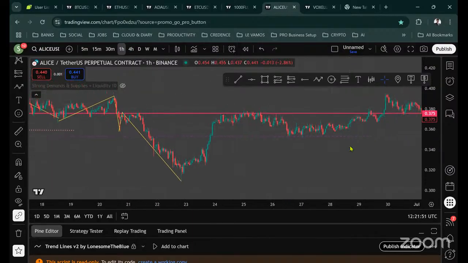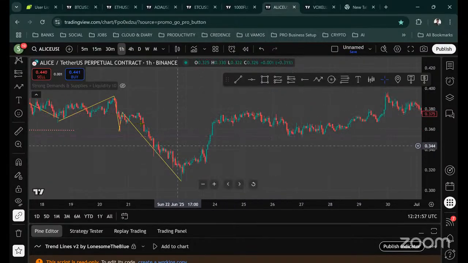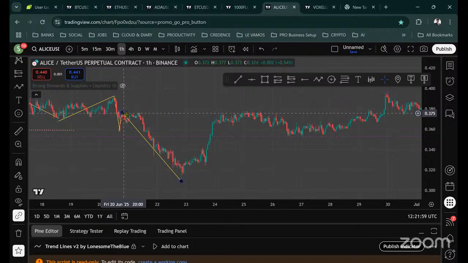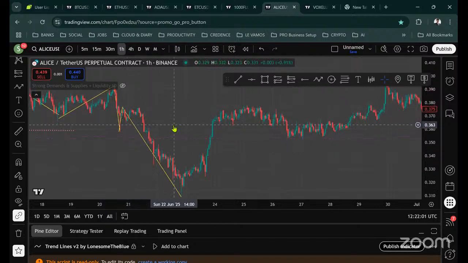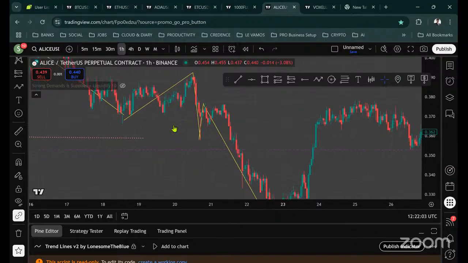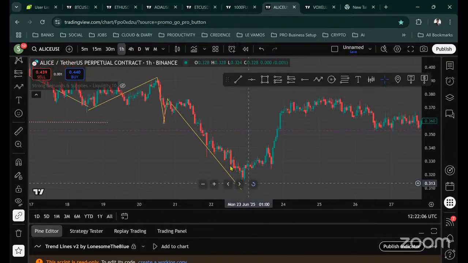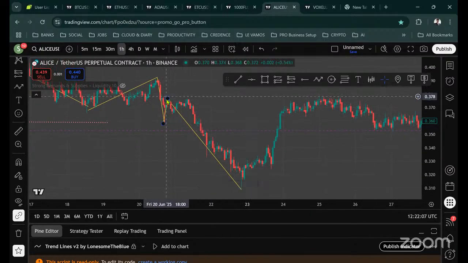Since there's still a little pullback before the final point, if you check this, this is the one. After that point, the final point is this one. This is the last valid pullback here.